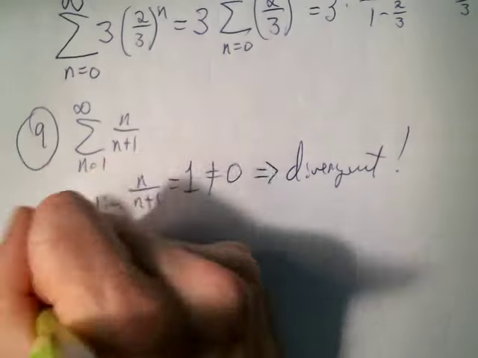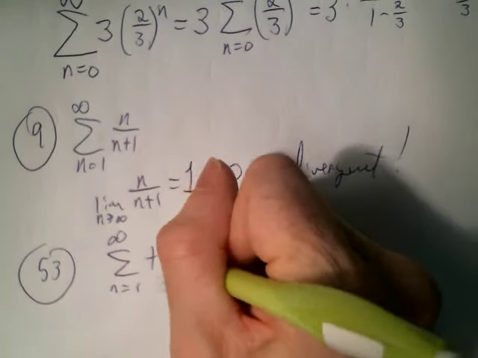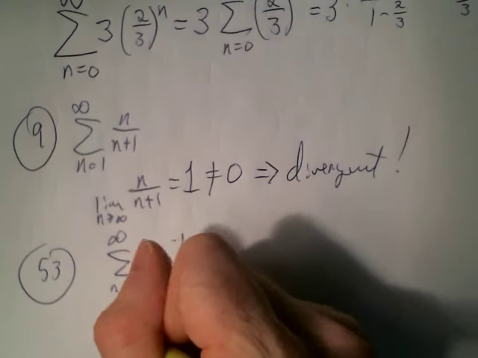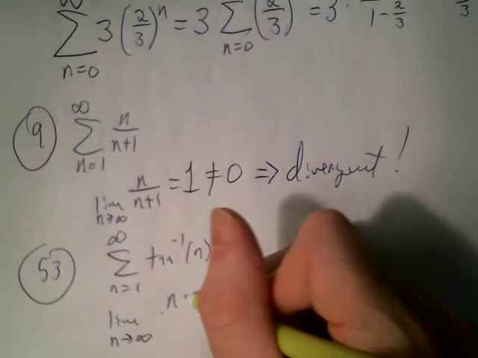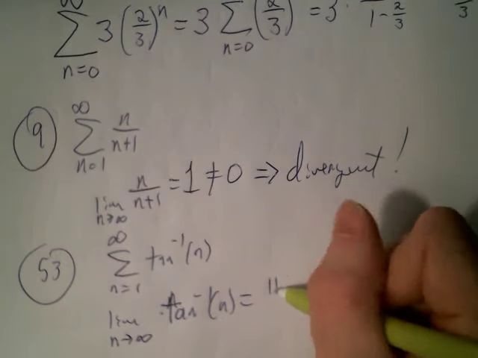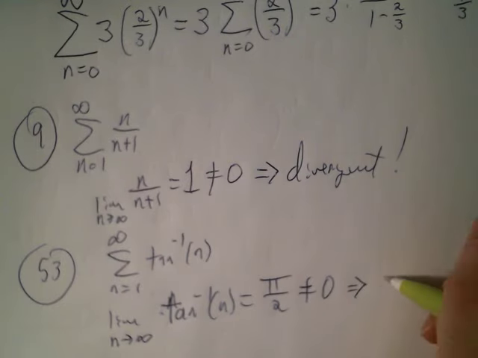Let's look at 53. The sum from n equals 1 to infinity of tan inverse of n. Again, if you take the limit as n goes to infinity of tan inverse of n, you're going to get pi over 2, which is not equal to 0, which means it's divergent.